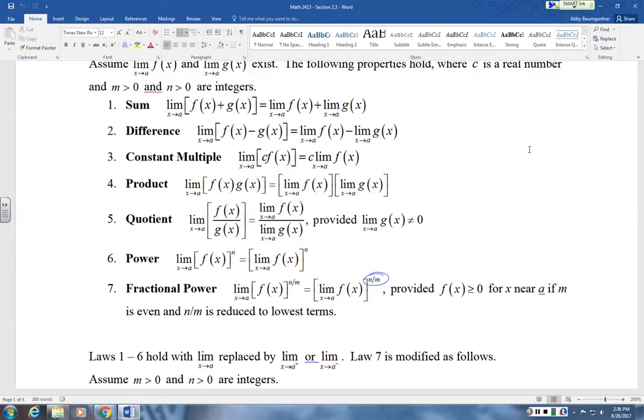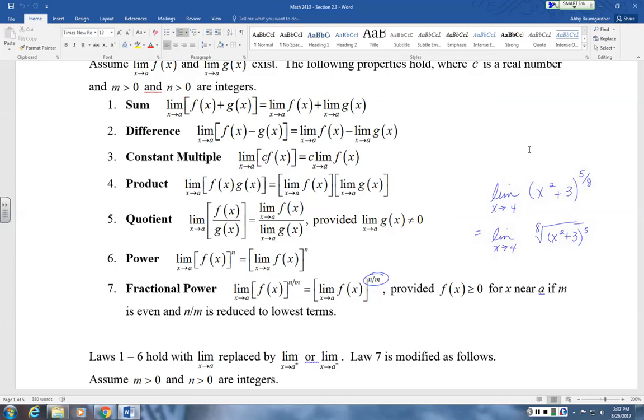So for example, this might say the limit as x approaches 4, I'm completely making this up, of x squared plus 3 quantity to the 5/8 power. So that is scary looking for sure. And it could be rewritten as the 8th root of x squared plus 3 to the 5th power, right? That's what the 5/8 tells us we can do.